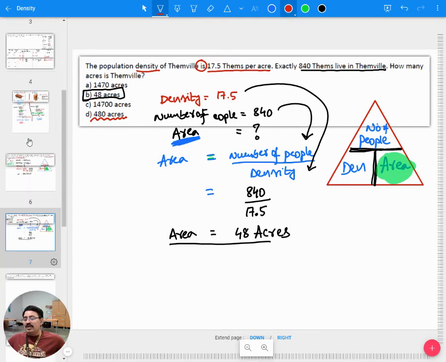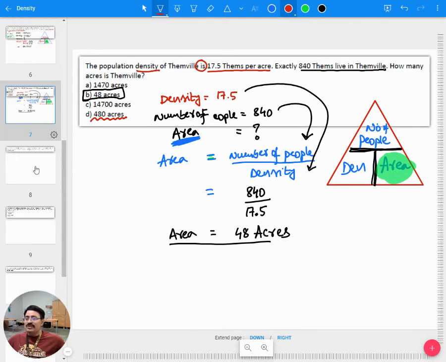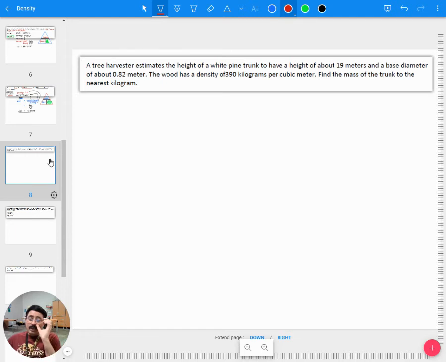So let me go to the next question. A tree harvester estimates the height of a white pine trunk to be about 19 meters and a base diameter of about 0.82 meters. The wood has a density of 390 kilograms per cubic meter. Find the mass of the trunk to the nearest kilogram. First, let's identify the important information given here.